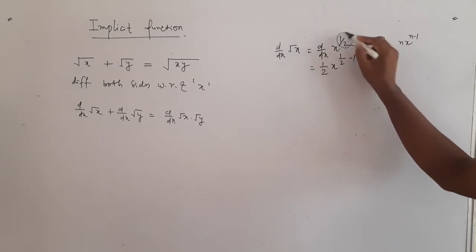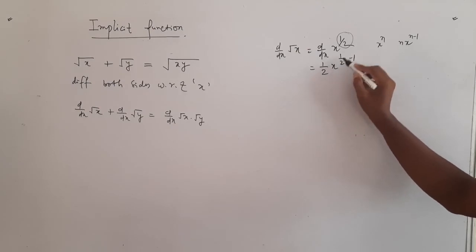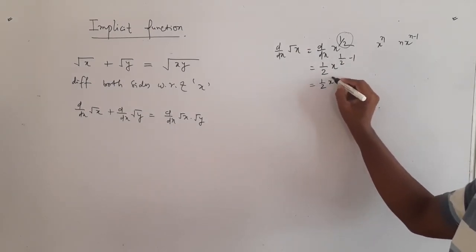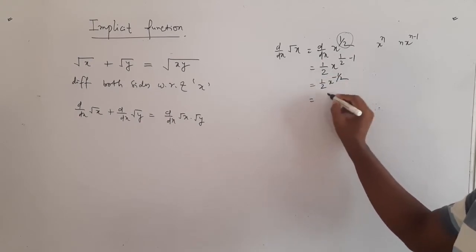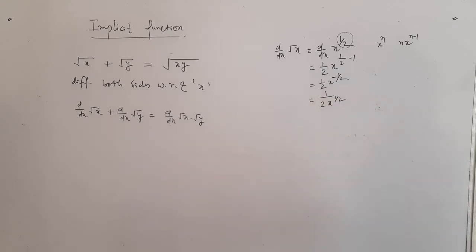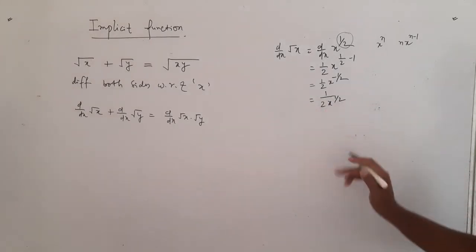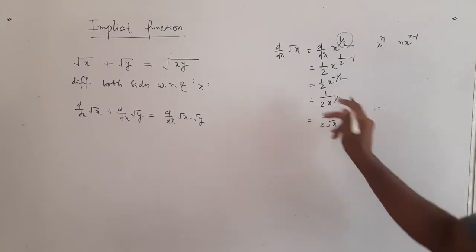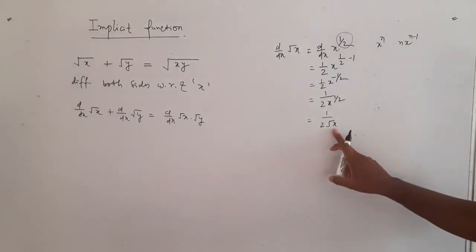So here n is half, so this is half x to the power half minus 1. This will become 1 by 2 x to the power minus half. You can bring it down and the index becomes positive. So 1 upon 2 x to the power half, this you can write as 1 upon 2 root x. So what is the differentiation of root x? 1 upon 2 root x.